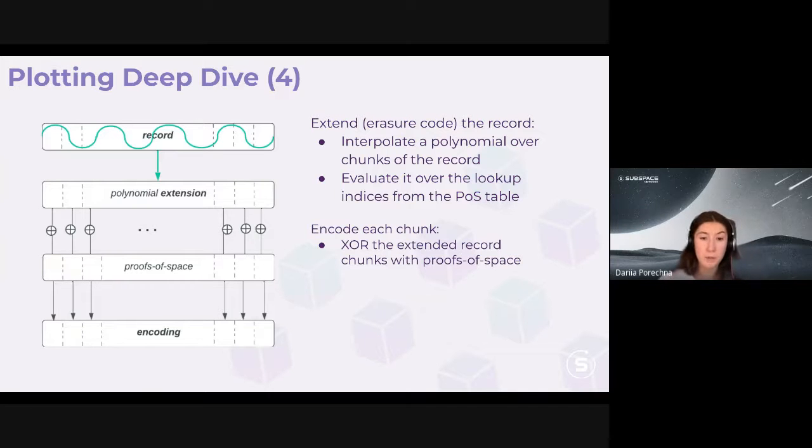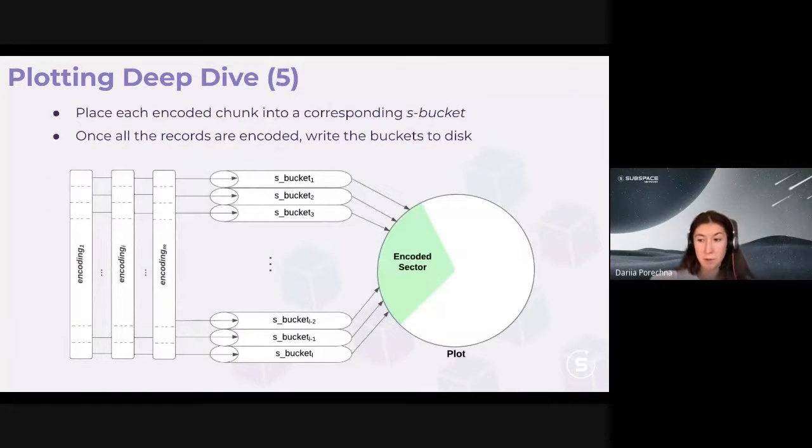So after we have encoded each chunk by XORing it with Chia, we're basically done encoding. What we do now is we wait until we have encoded all of the pieces, all of the records in the sector, and we spread them into buckets. You can imagine that we, again, transpose the perspective that we look at things.